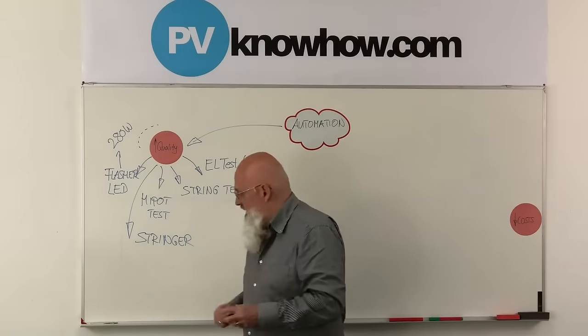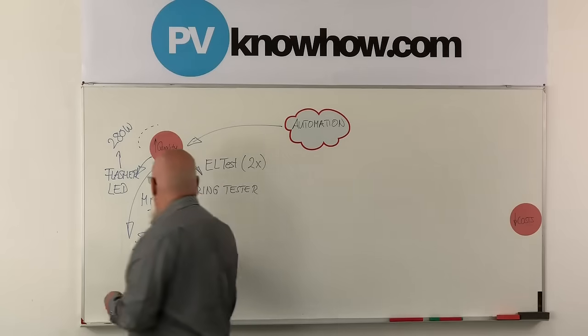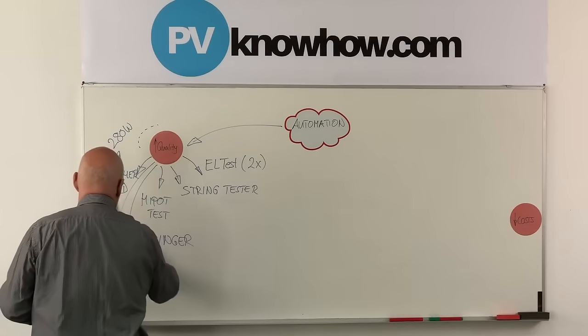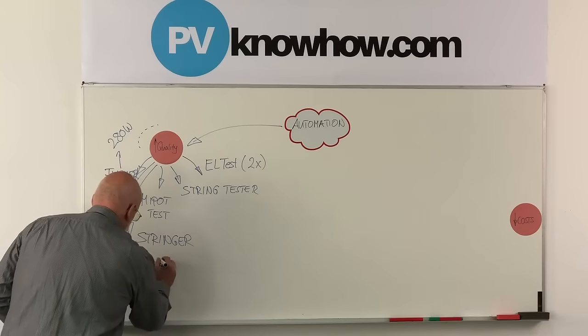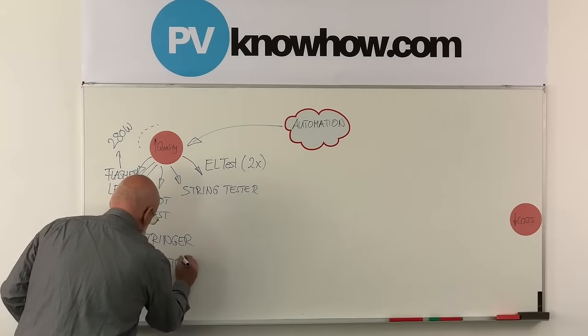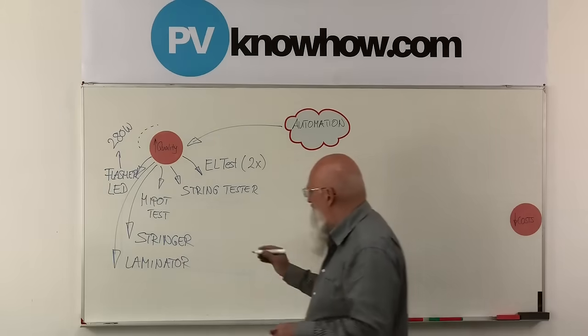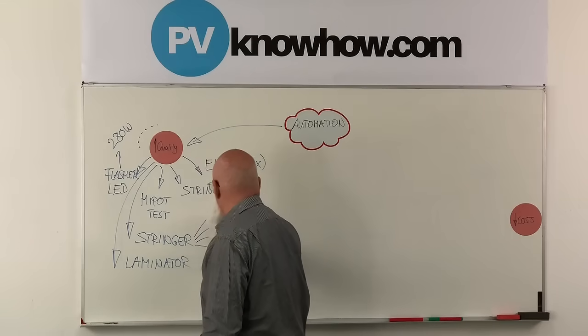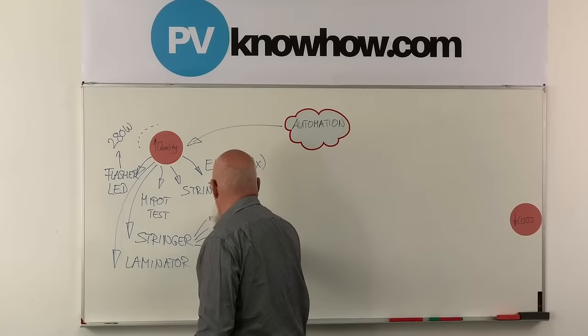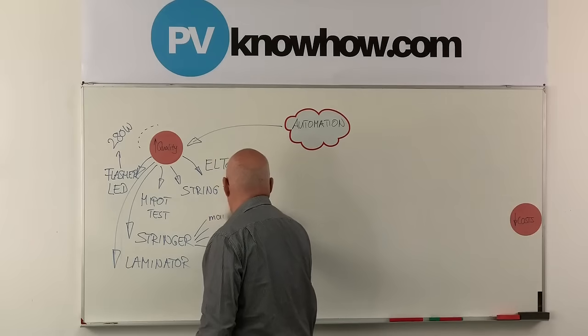The next very important machine is a laminator. The laminator can be delivered. Let's say these are 4 modes. It's manual by solder iron.